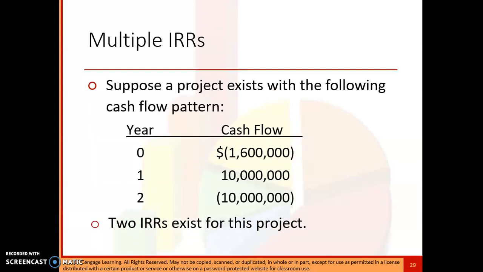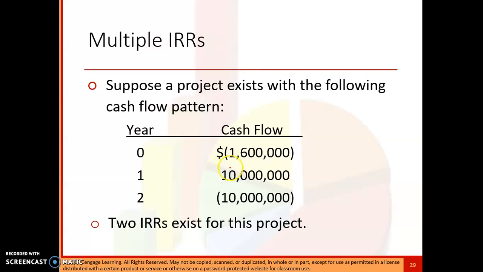Multiple IRRs. So this is probably as great of an argument for not using the internal rate of return as any. If a project has more than one negative cash flow, it's going to have multiple internal rates of return.